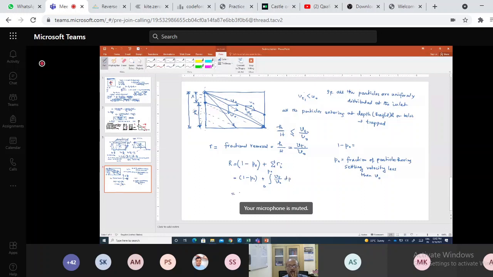So you can write this as 1 minus V0 plus, V0 is a constant, so V0 and 0 to V0, Vt into T. Okay, so this is how we can find out total percentage removal from this basin.